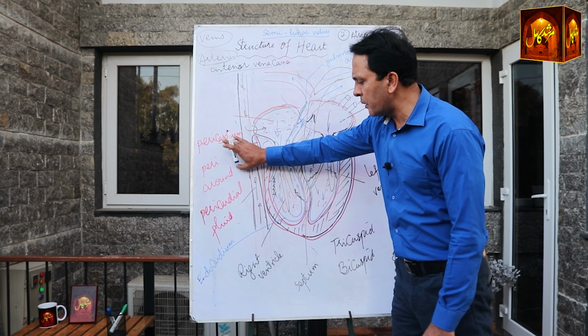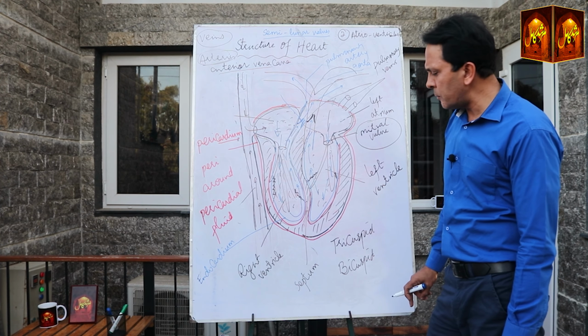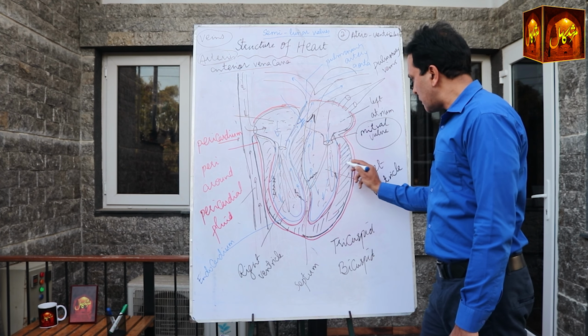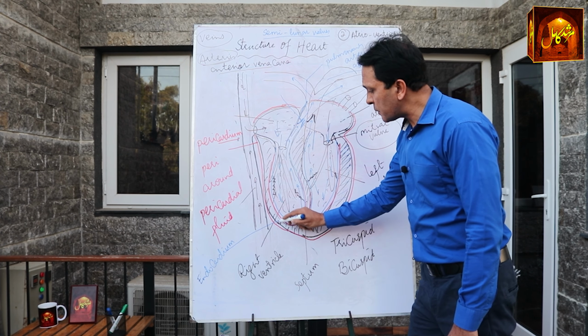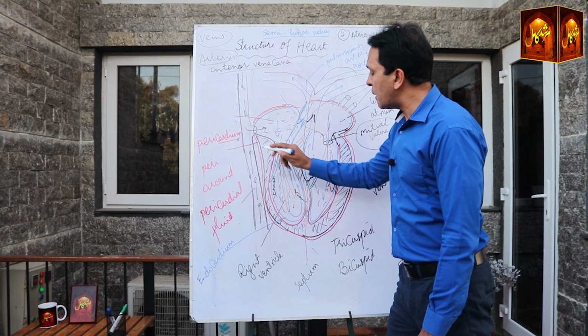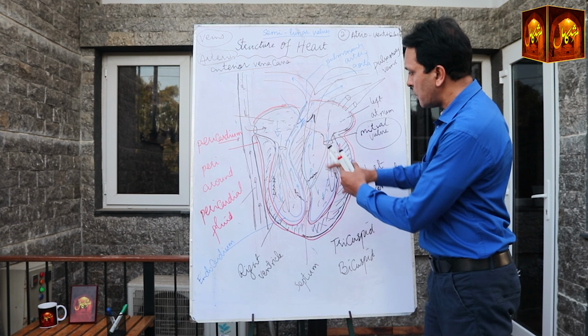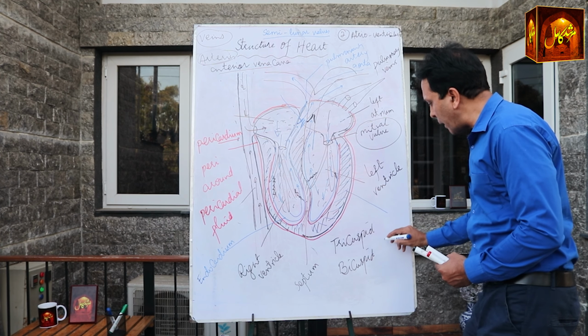So pericardium, then endocardium, and in another layer the cardiac muscles of the heart, which are present throughout the structure of the heart, are called myocardium.